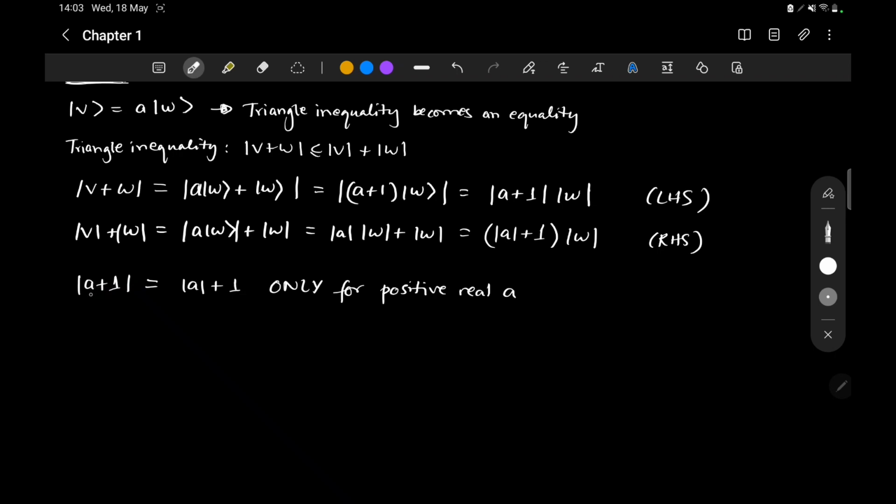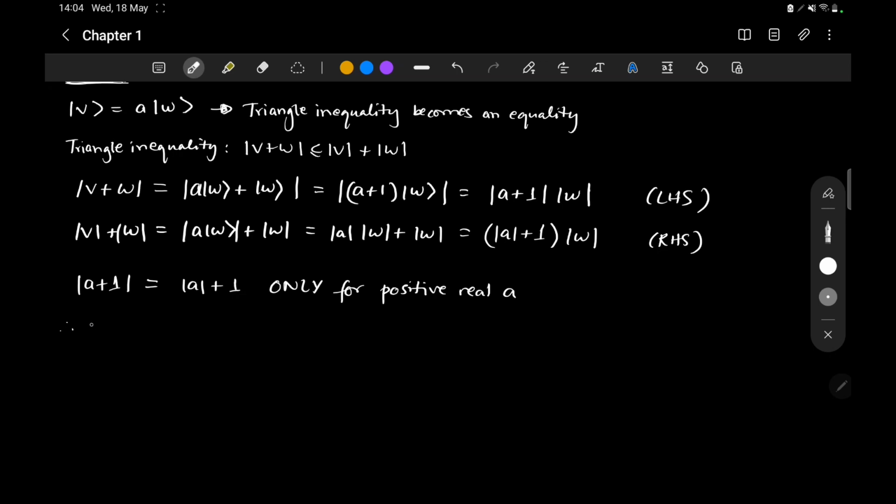So for example, if a is minus 5, then this left hand side will be 1 minus 5, which is 4, whereas the right hand side would be 1 plus 5, because we're taking the mod, which is 6, and clearly 4 will not be equal to 6. Similarly, if you take some complex numbers, then taking the magnitude of the complex number added with 1 will be different than taking the magnitude of the complex number and then adding 1 to it. So this is true only for real positive a.